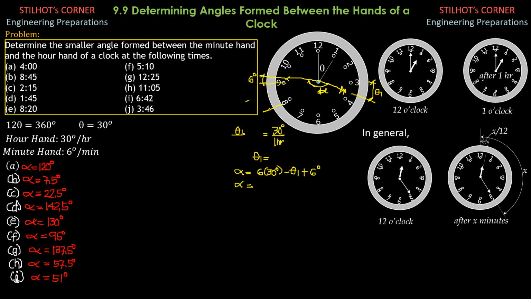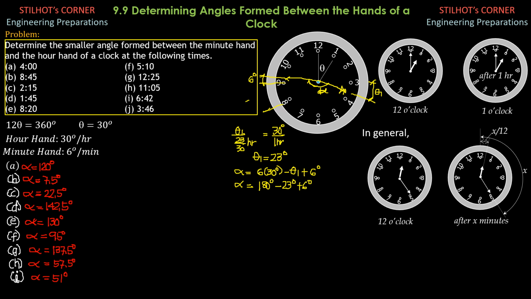So theta 1 corresponds to 46 minutes, and 46 in hours is 46 divided by 60, and that's 23 over 30. 23 over 30 hour, where 30 degrees corresponds to 1 hour. So 23 over 30 times 30, that's 23 degrees. So therefore, alpha is 6 times 30, 180, minus 23 degrees plus 6 degrees.